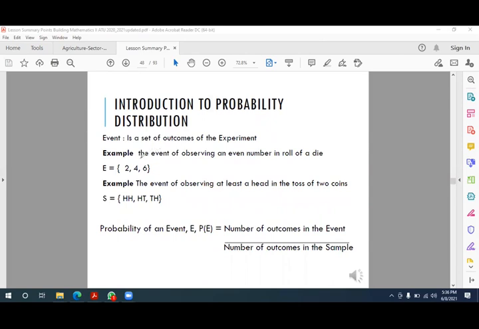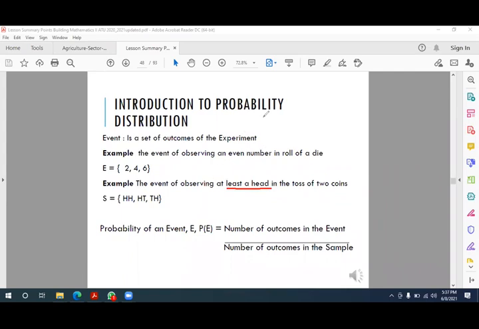So we may be interested in the event of observing an even number in the roll of a die. So that becomes a set E, which is 2, 4, and 6. Good. In the same way, we may be interested in the event of observing at least one head. At least one head means one or more heads.